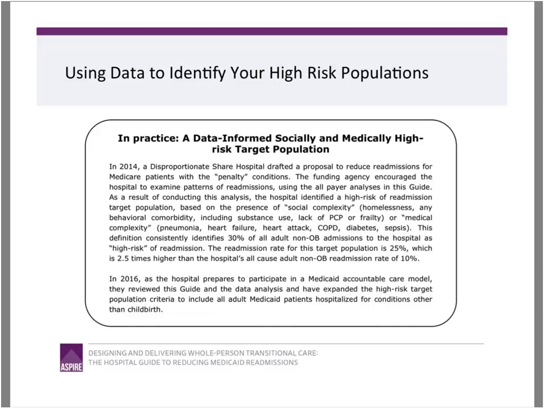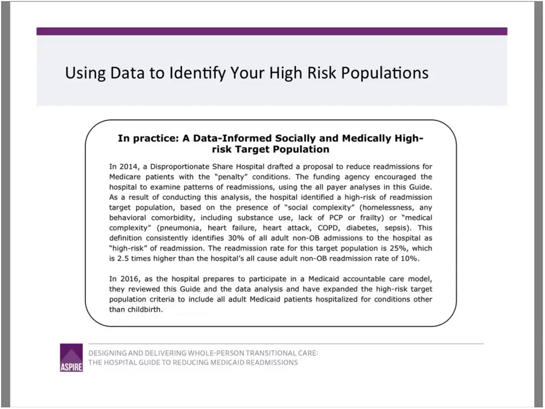Based on that analysis, this analysis that we recommend in the guide, the hospital came back to the funding agency and identified a target population that was a combination of patients with social complexity, as identified in the administrative data, or medical complexity, as identified in the administrative data.